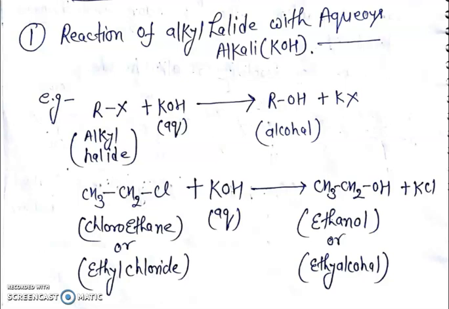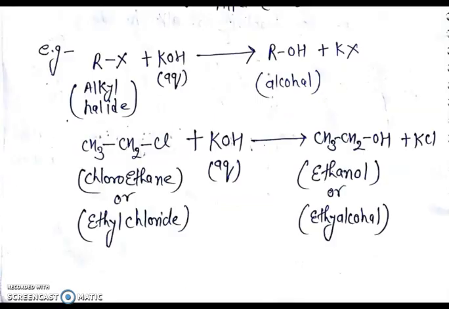First, reaction of alkyl halide with aqueous alkali, that is KOH, potassium hydroxide. The general reaction is given when alkyl halide reacts with aqueous potassium hydroxide to give alcohol. For example, when chloroethane or ethyl chloride reacts with aqueous potassium hydroxide to give ethanol or ethyl alcohol.